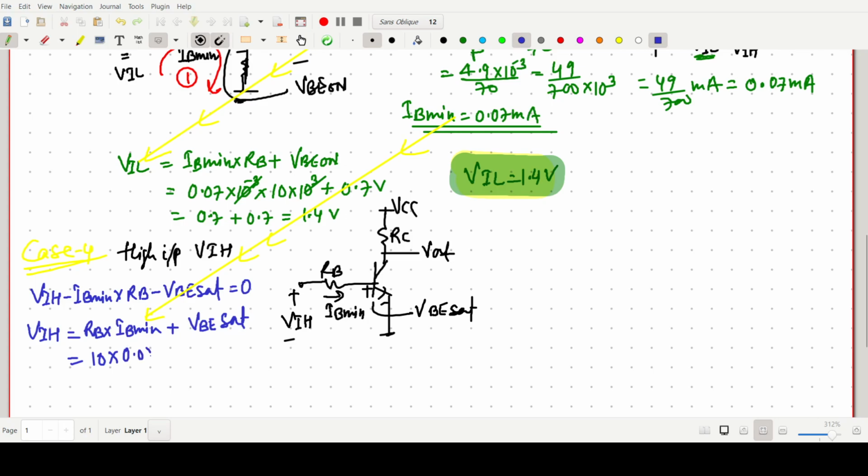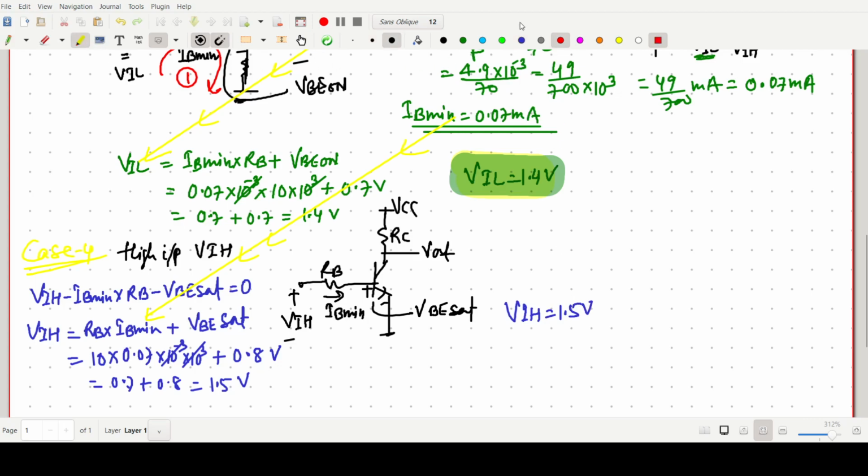So write it 0.07 into 10 to the power minus 3 into 10 to the power 3 for kilo, plus VBE sat is 0.8 volt. These two cancel, and 0.7 plus 0.8, so it should be 1.5 volt.